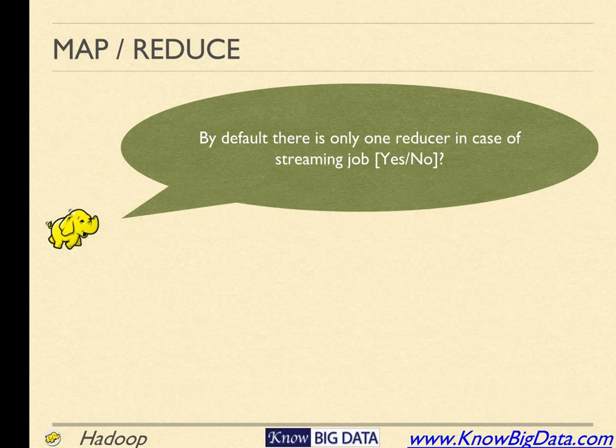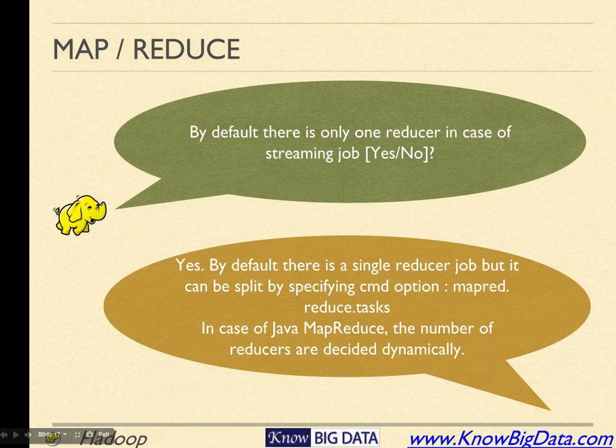Okay. Yes. So by default, in case of a streaming job, it assumes a single reducer. If you remember, if you do not provide any argument about how many reducers we want, it always has one output file, which means one reducer. But the moment we say we want this many reducers, it automatically creates those many files.